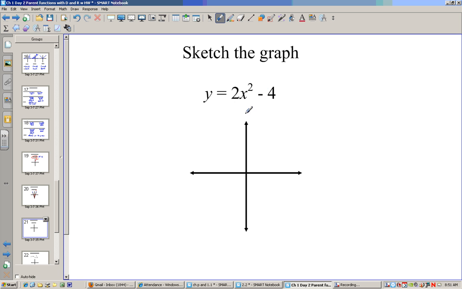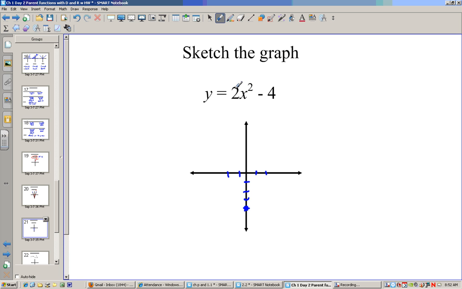Now, this is similar, but now we're doing it with the x squared function. If I go down 4, 1, 2, 3, 4. Now, the x squared function behaves a little bit differently. If I move 1 to the right in an x squared function, I move up 1. But if I move 2 to the right, I'm going up 4. If I move 3 to the right, I'm going up 9, because I'm squaring it.